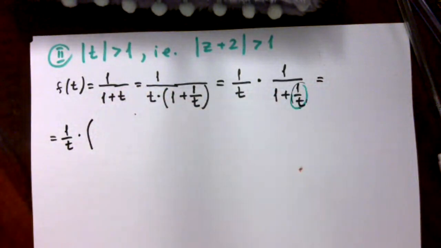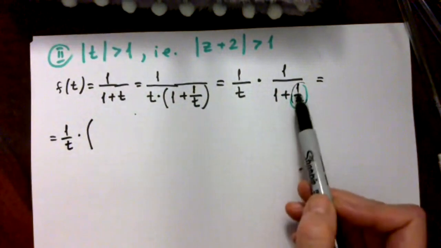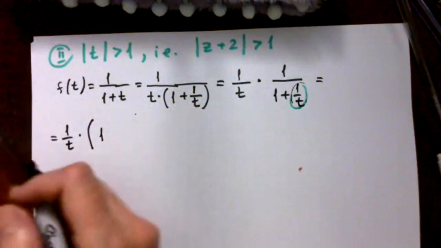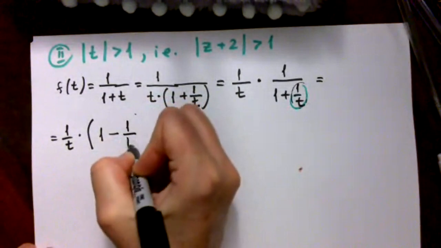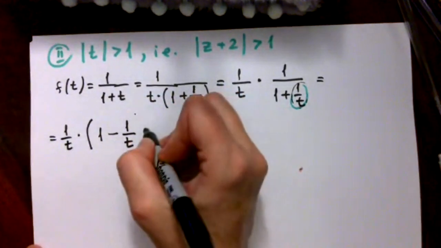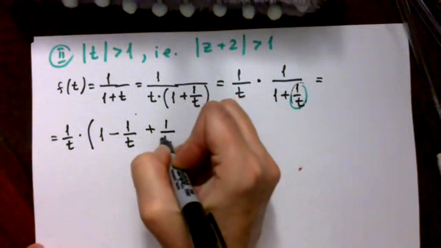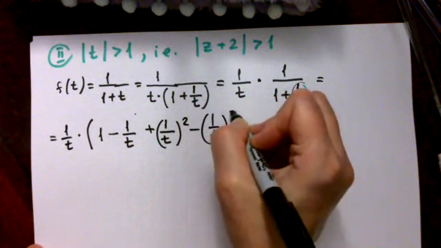Okay. So now we need to look at this canonical expansion and substitute 1 divided by t instead of t everywhere. How did it go, this canonical expansion? It was 1 minus t, but instead of t we put everywhere 1 divided by t. Then it was plus t squared, but we put 1 divided by t squared, and so on. Let me write down one more term.